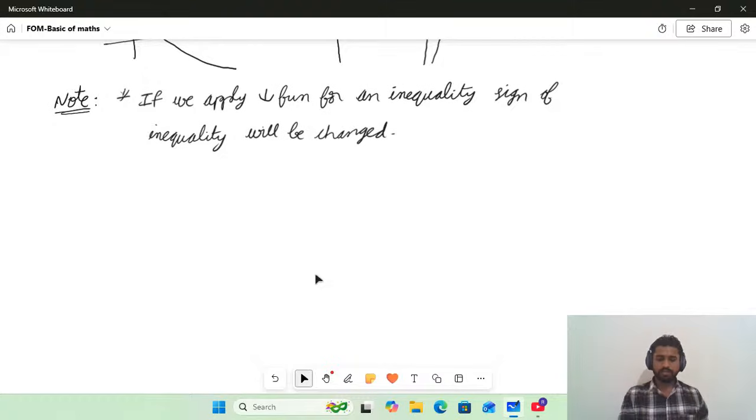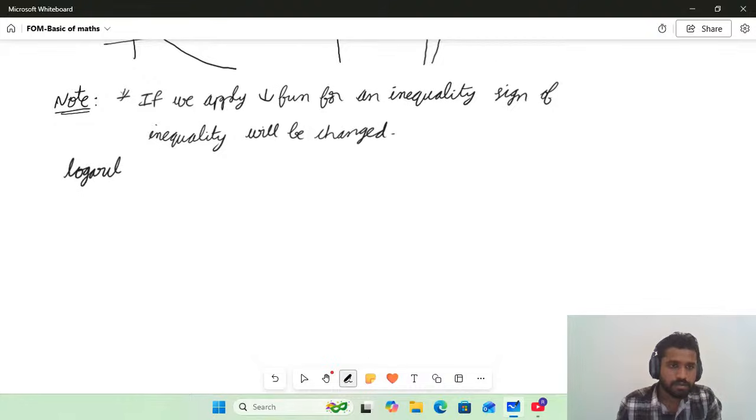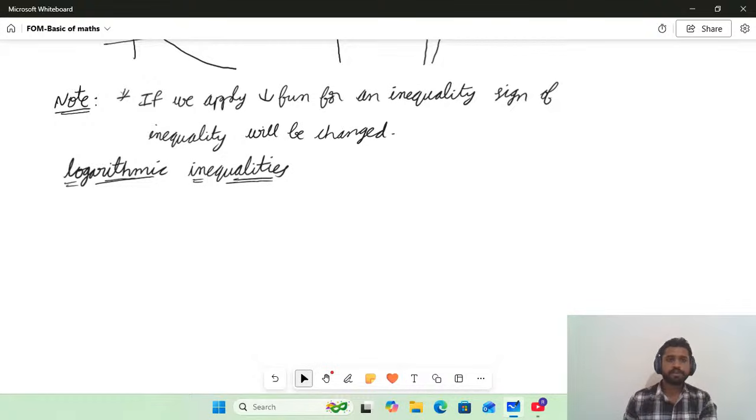The next topic is logarithmic inequalities. What is a logarithmic inequality?